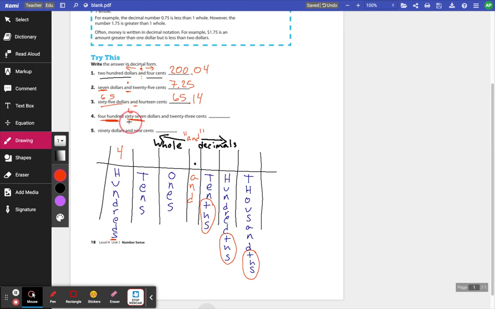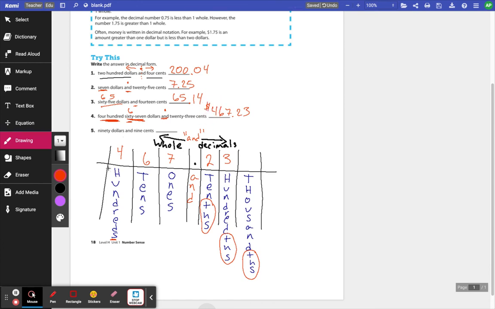The fact that there's a 60 here tells me that there's going to be a 6 in the tens, and then a 7 in the ones place, and decimal, 23 cents. Okay. So $467.23. Hopefully you're doing better than me and adding a dollar sign.